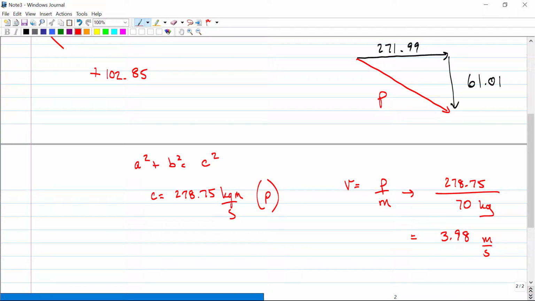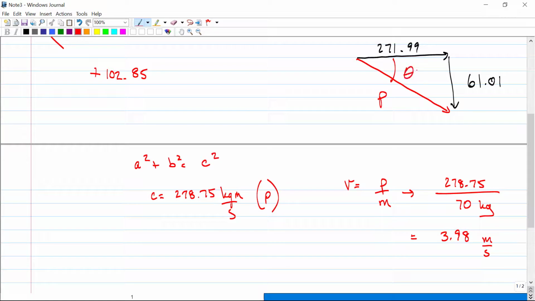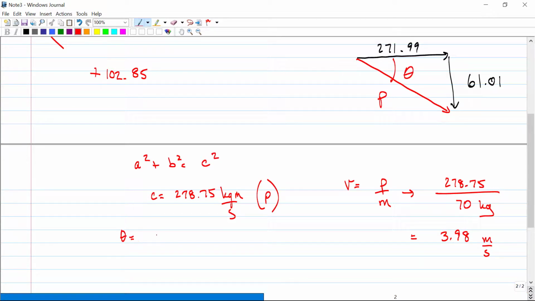But again, I've got to give a direction, which means I've got to figure out what that theta is. That theta is going to equal 61.01 over 271.99, because that's a tan function, opposite over adjacent. So theta equals 61.01 divided by 271.99, second function tan, and I get an angle of 12.6 degrees.